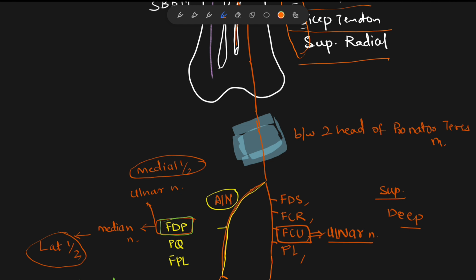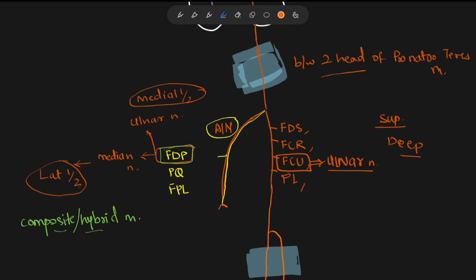And then in the forearm we have muscles, that is pronator teres. It comes between two heads of the pronator teres and bifurcates into two, the anterior interosseous nerve and the main nerve. The anterior interosseous nerve will go deep to our forearm muscles, and it will supply the deep muscles of the anterior compartment, that is flexor digitorum profundus, pronator quadratus, and flexor pollicis longus.